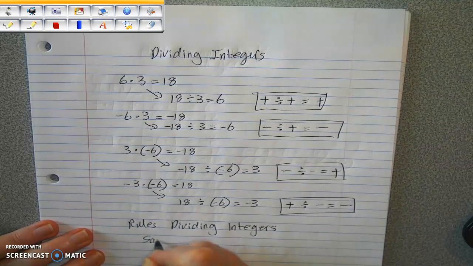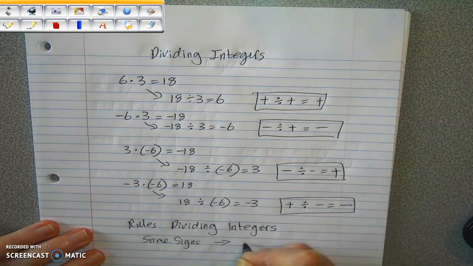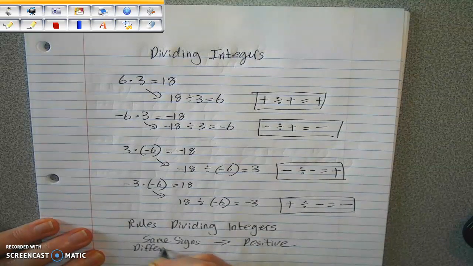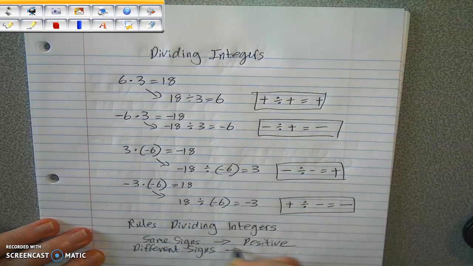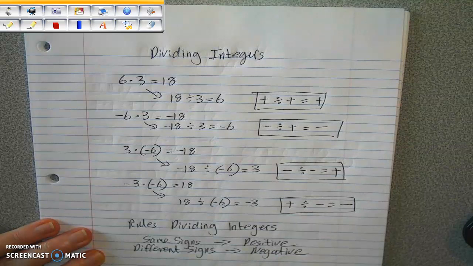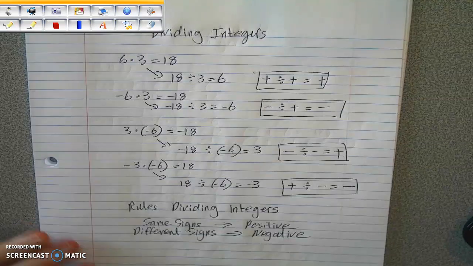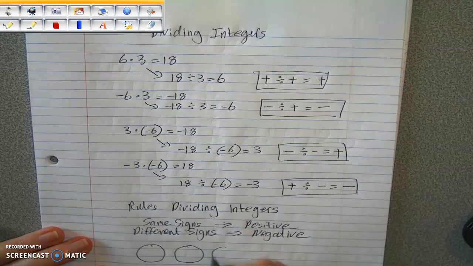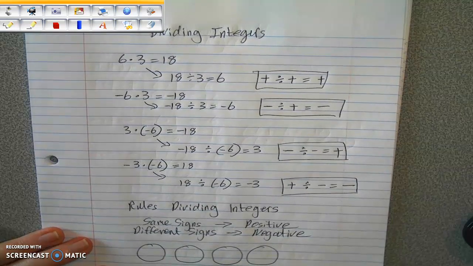Same signs is a positive quotient. Different signs is a negative quotient. And you can use the same diagram that I used for multiplying, only just put a little division sign as the nose.